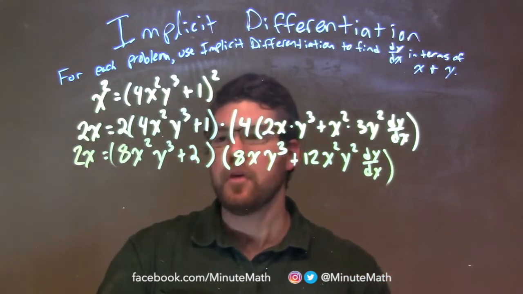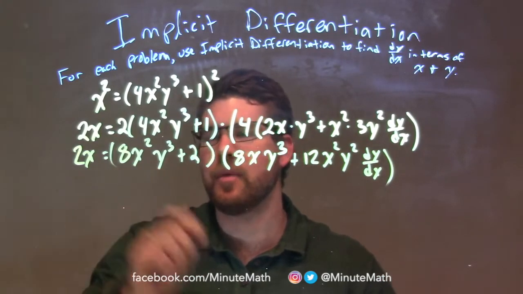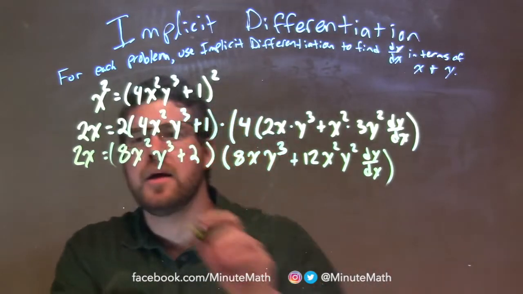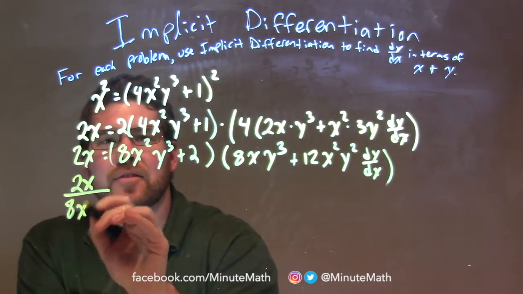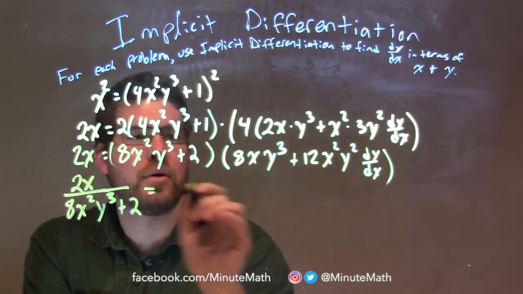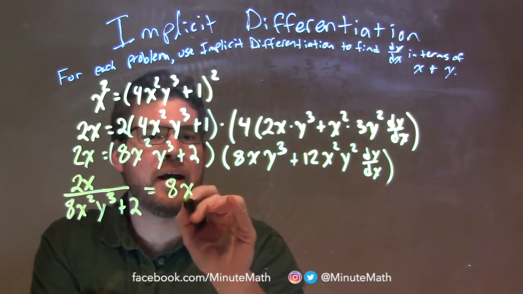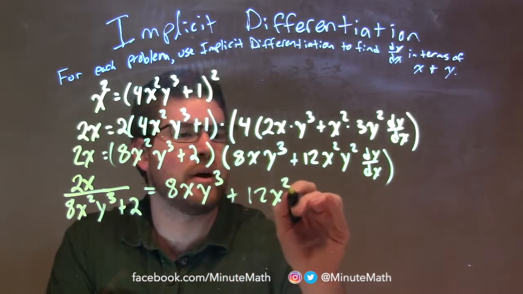Okay, so I'm going to divide both sides by this. Okay, divide both sides by 8x squared y to the third plus 2, leaving me with 2x over 8x squared y to the third plus 2 equals all of this, 8x y to the third plus 12x squared y squared dy dx.